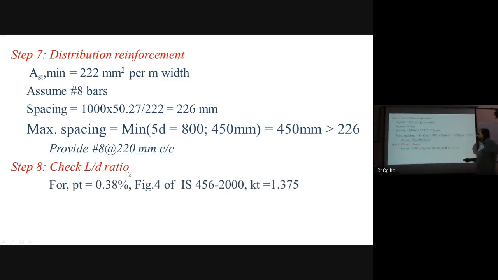L by D ratio for the percentage 0.38, figure 4 of IS 456 modification factor ಮತ್ತು percentage. 1.375 ಬರ್ತದೆ. ಅದು ಫಿಗರ್ 4 ಅಲ್ಲಿ ಇದೆ IS 456 2000 ಅಲ್ಲಿ. ಅದರ ಪ್ರಕಾರ L by D permissible 20 into 1.375, L by D ratio permissible is 27.5.